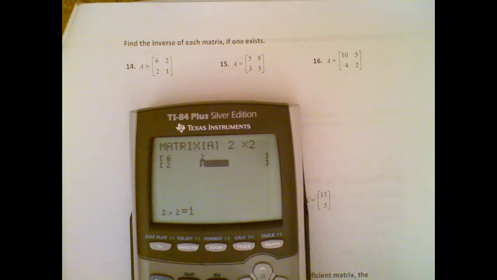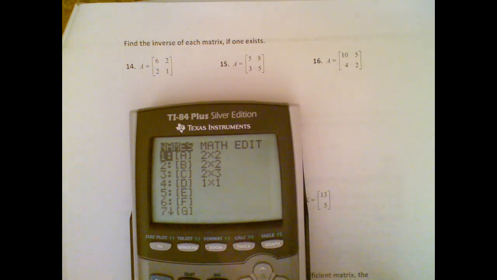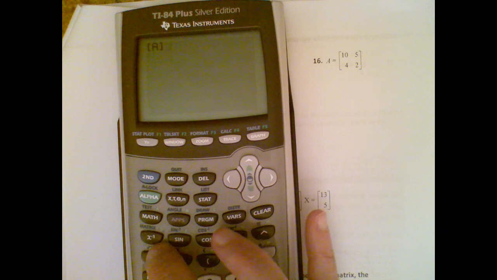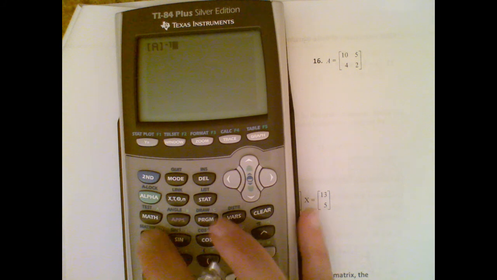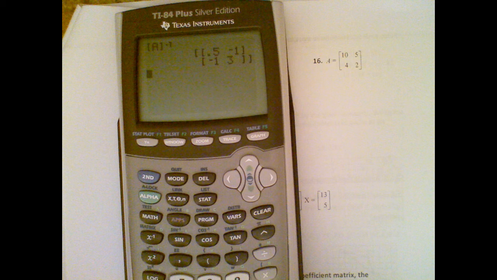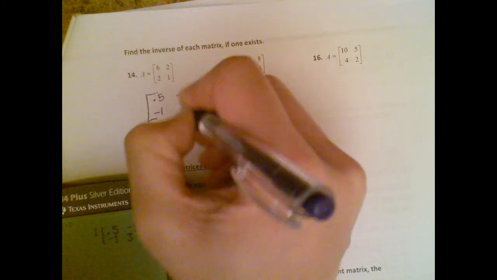Once we have it typed in, go to graph clear, second matrix, have matrix A highlighted, and then that x to the negative 1 power stands for inverse. That's a symbol for it. So if we click enter, then the inverse does exist. So that would be our final answer. We're just going to write 0.5, negative 1, and 3. If it comes up with an error message, then you know the inverse does not exist.